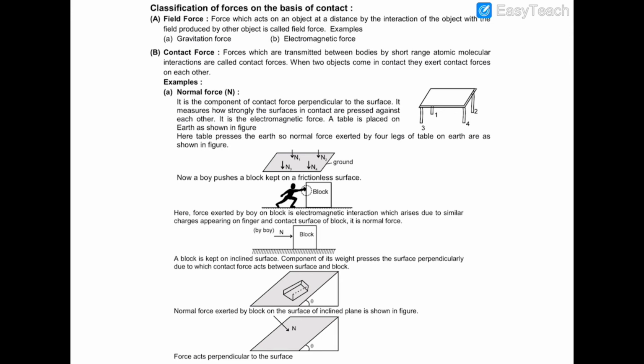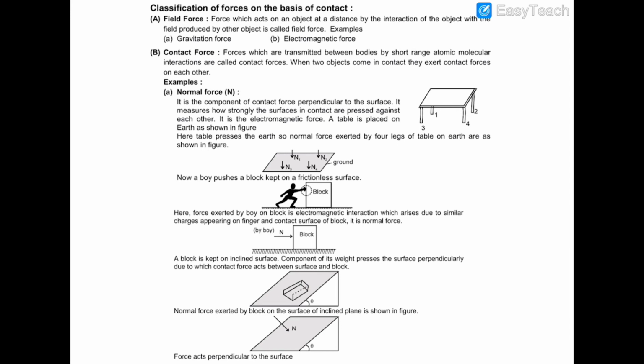Now a contact force is the force which acts due to physical contact. Like if we are pushing something, we need to touch that body to push it, and if we are pulling something, we need to touch that body to pull it. Similarly, normal reactions are contact forces.